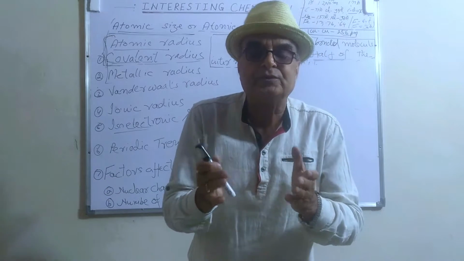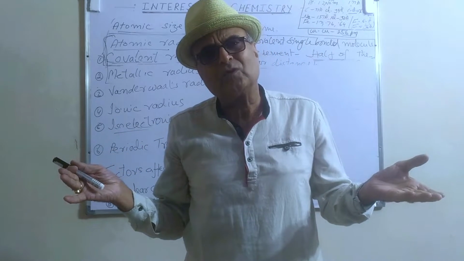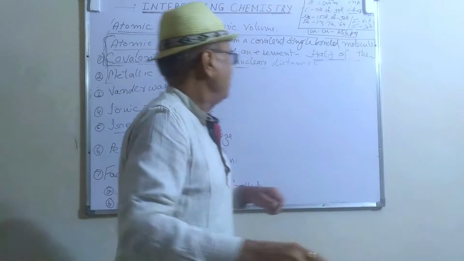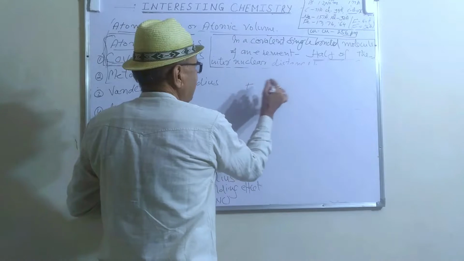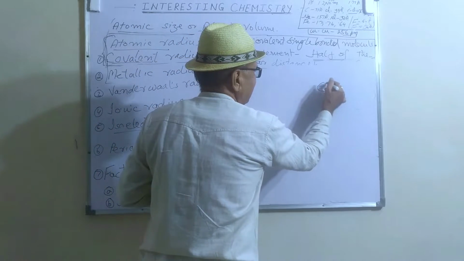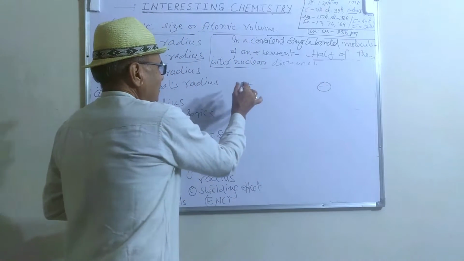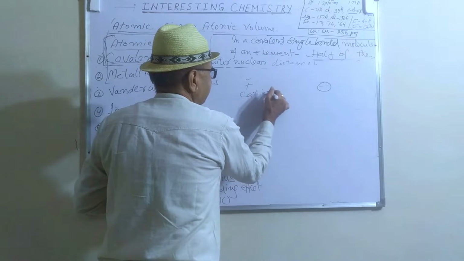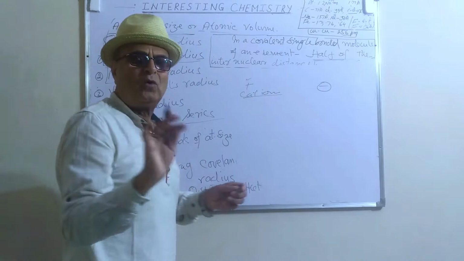As you know, there are two types of ions. One is cation and another is anion. So let's talk about the cation. Don't go by my handwriting.